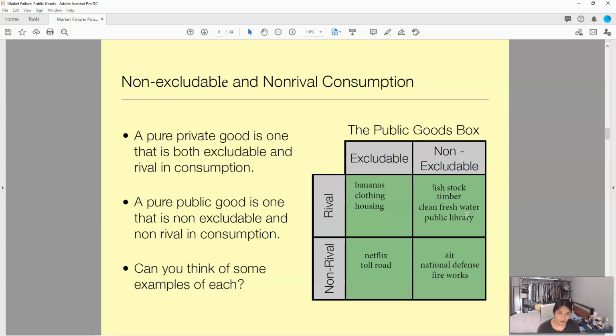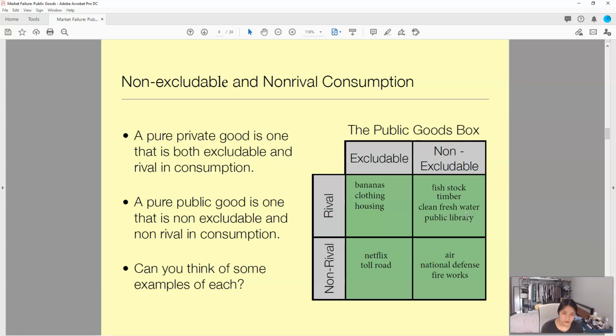I cannot do that. However, if I'm sitting in a specific place in a public library, you cannot stay in the same place because I was there. So that is rival. That is the meaning of rival.